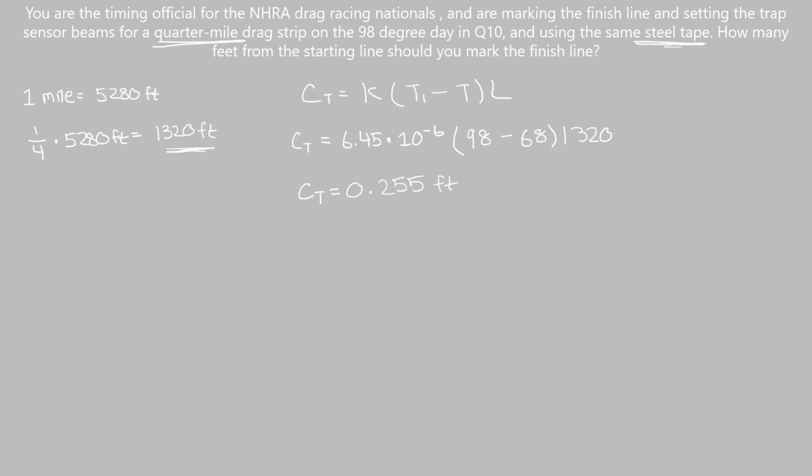And that makes sense, because on a hot day, 98 degrees, your tape would expand, and if it was a cold day, it would shrink and therefore be a negative number. Now the actual length is just the addition of what we want, our 1320.